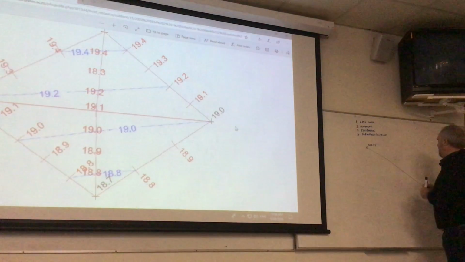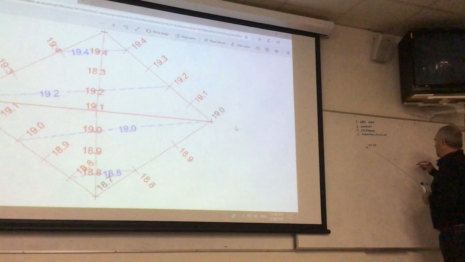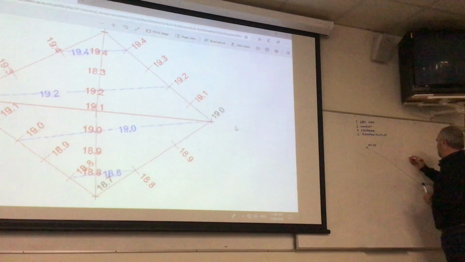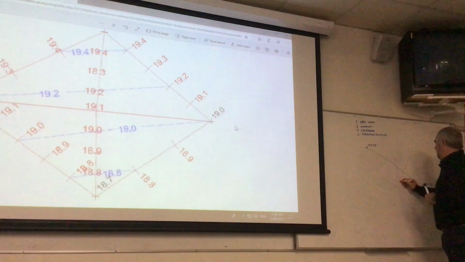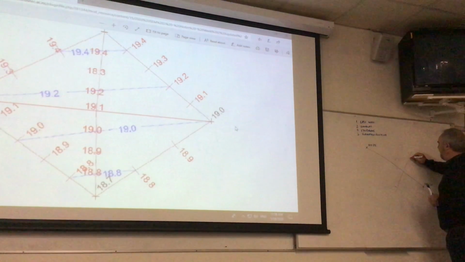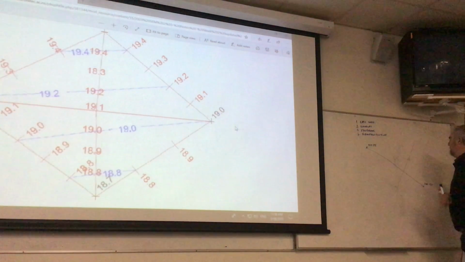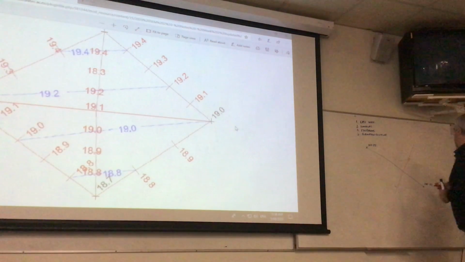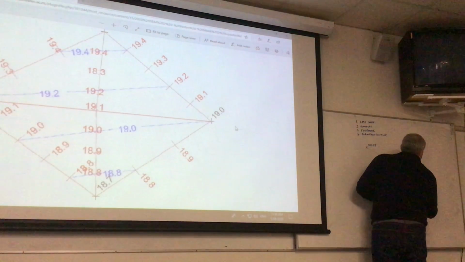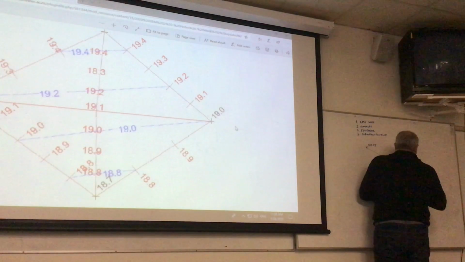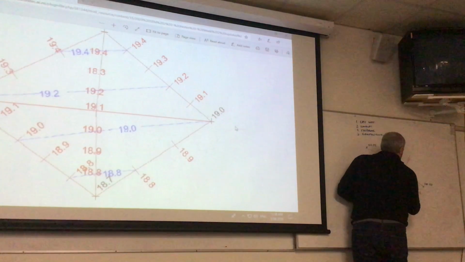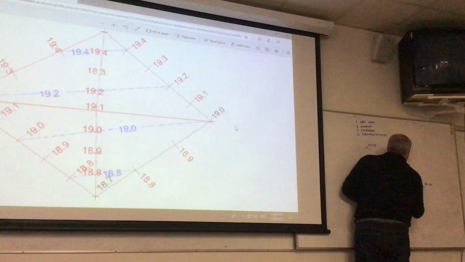Let's put the contour coming through about, it's going to be a little closer to this end. So let's make this contour coming through here 101.0. And you're asked to find that value there, which is that distance. We'll call it X.